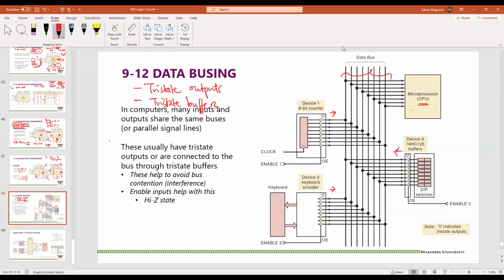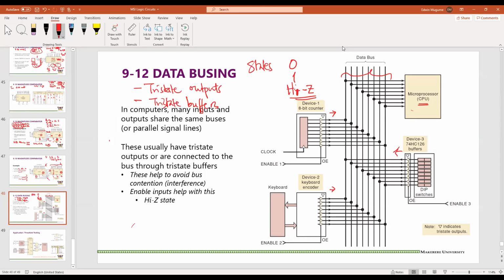Previously we've always found that we have 2 states, states 0 and 1. Since first year, this is what we've always believed. Actually, there is another state that we have hidden from you up until now, which is called the high Z state. The high Z state is like a disabled state. So it is very difficult to know what state it is. It could be somewhere in the indeterminate range.